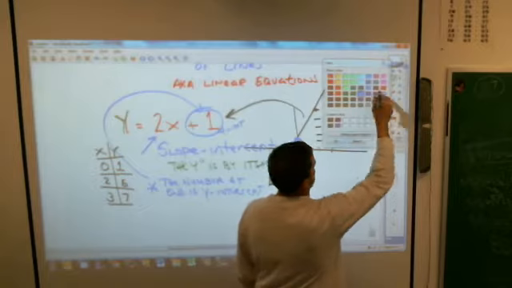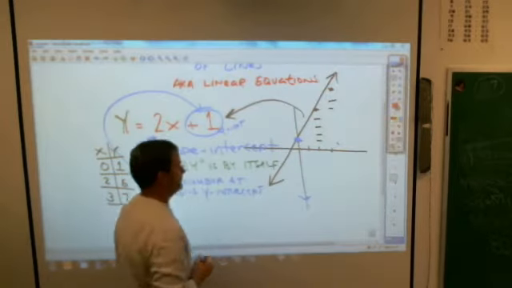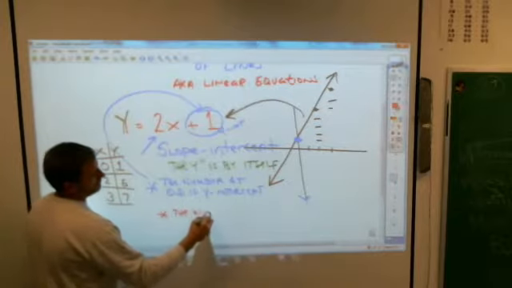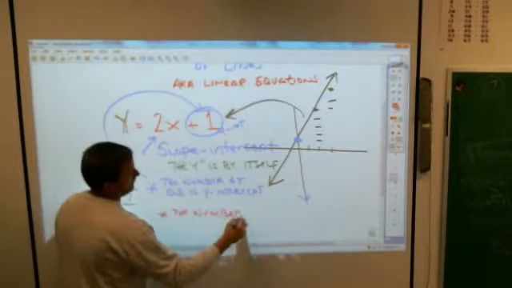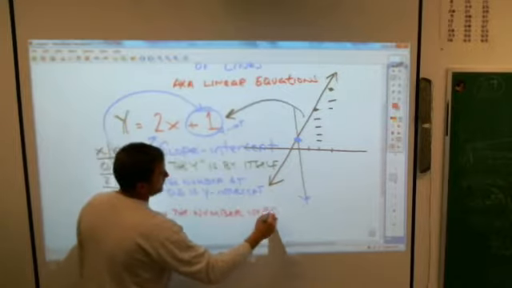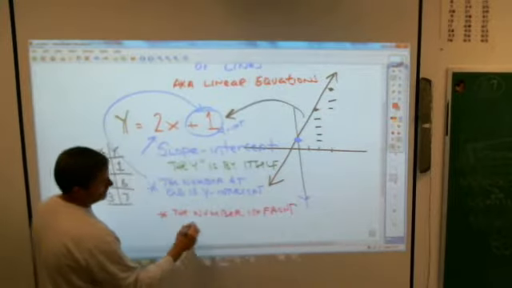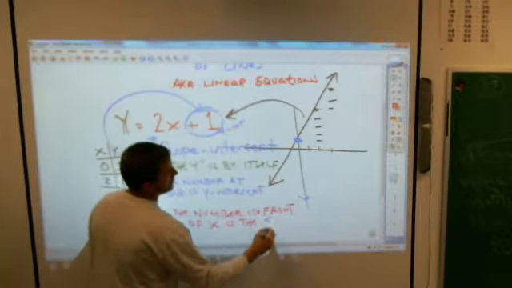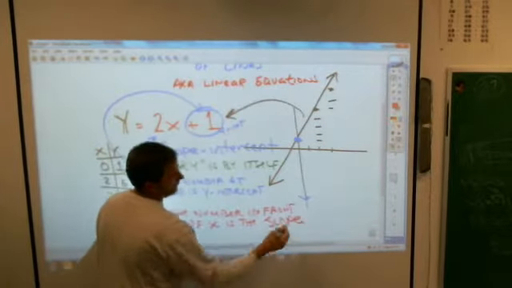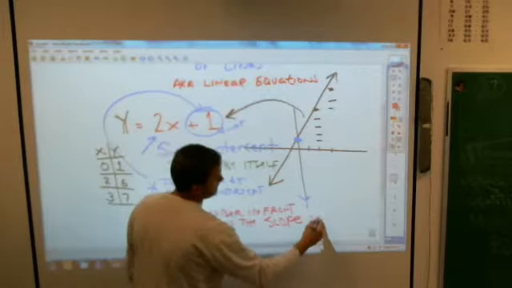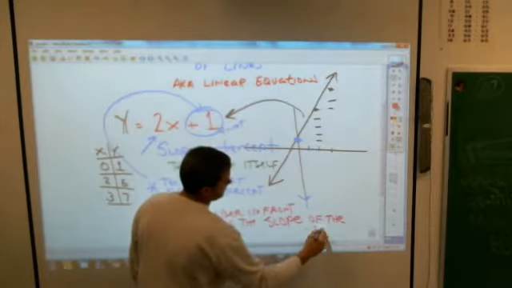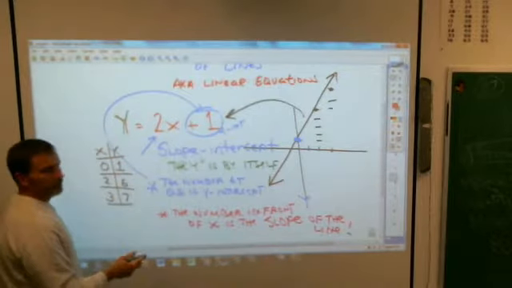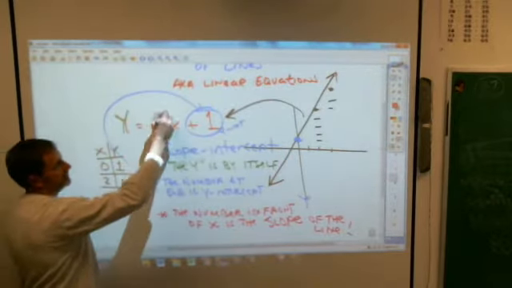Now, second thing you need to know is the number in front of the x is the slope of the line. So what is the number in front of the x? 2.